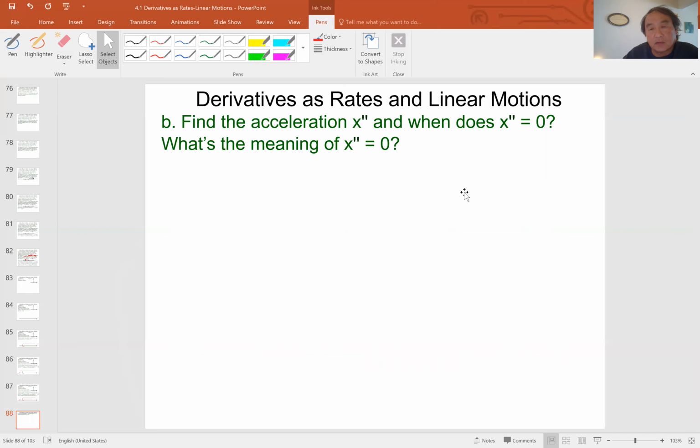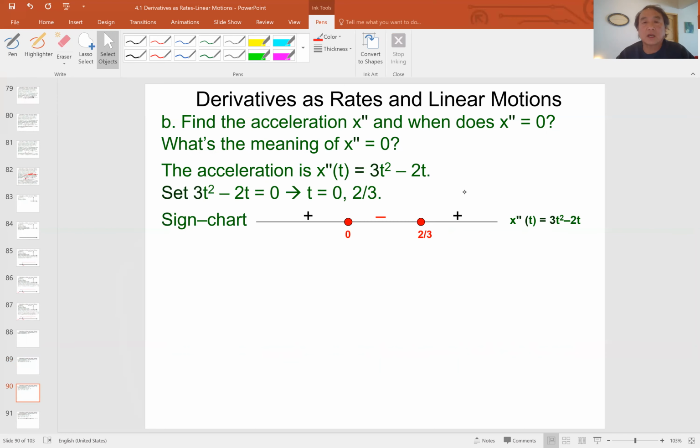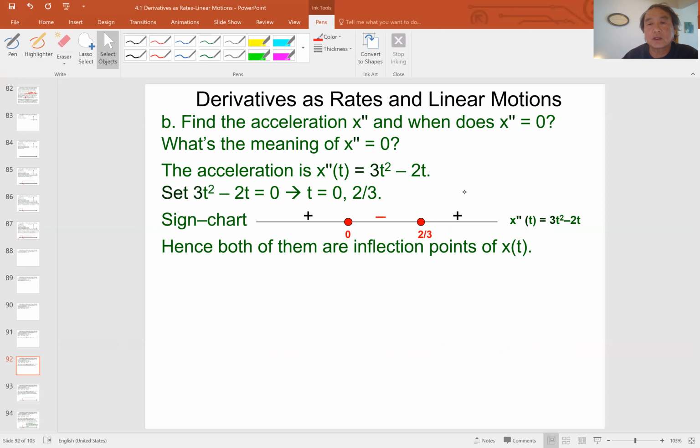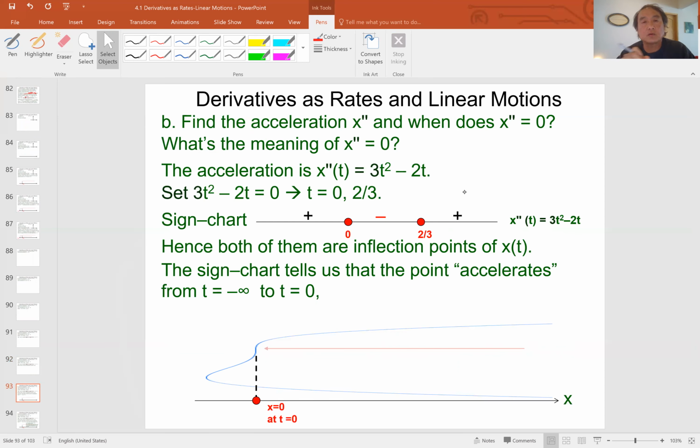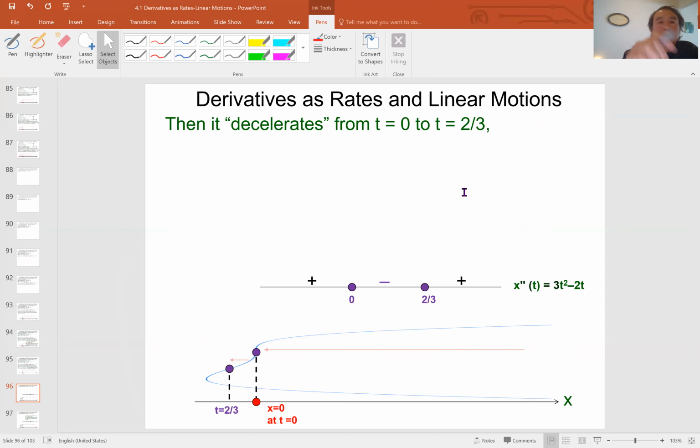How about the second derivatives? Here's the second derivative, and here's a sign chart of the second derivative. We have to be a little careful. Usually, we use the word acceleration related to the second derivative being positive.